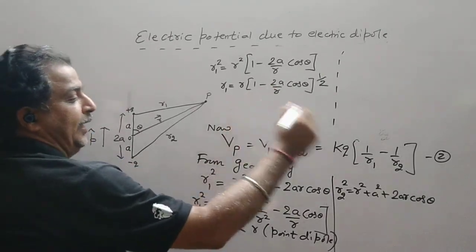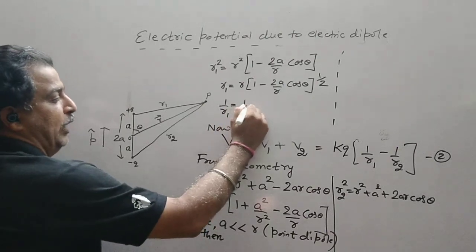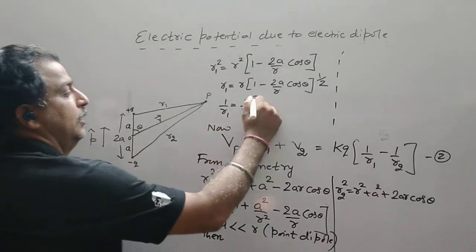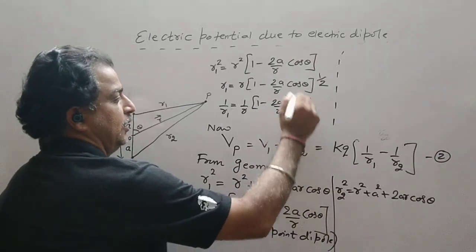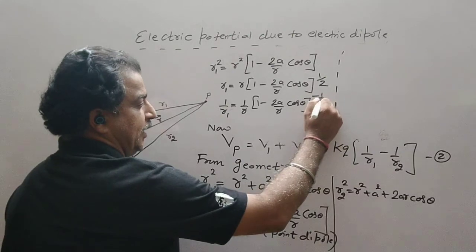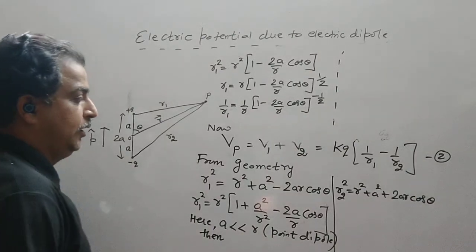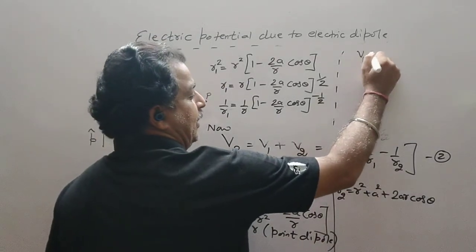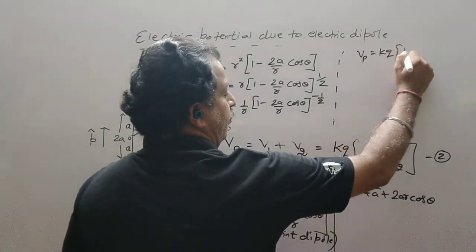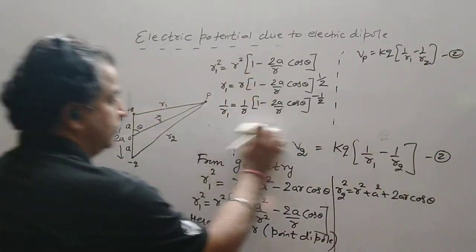Now I need 1 upon R1. So 1 upon R1 is equal to 1 upon R times 1 minus 2A by R cos theta, reciprocal, so power minus half. So it is 1 upon the square root. We are simply doing the mathematical calculation. So I am writing here, Vp is equal to Kq times 1 upon R1 minus 1 upon R2. This is our equation 2.